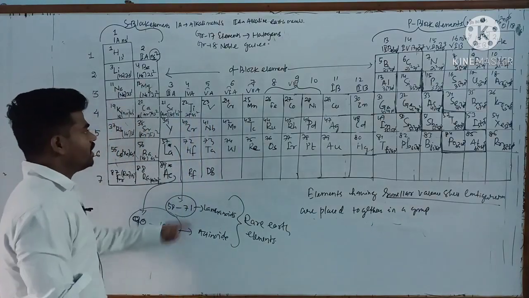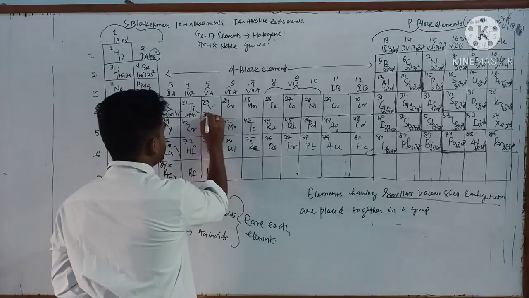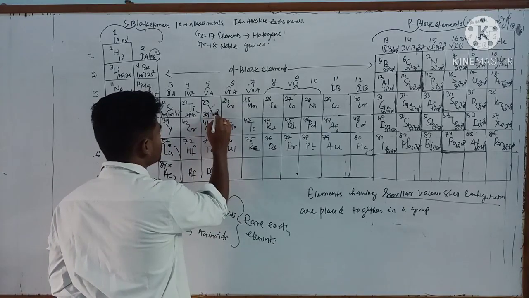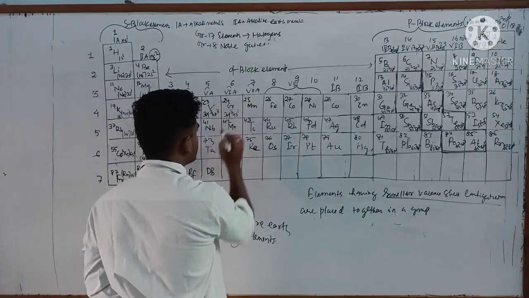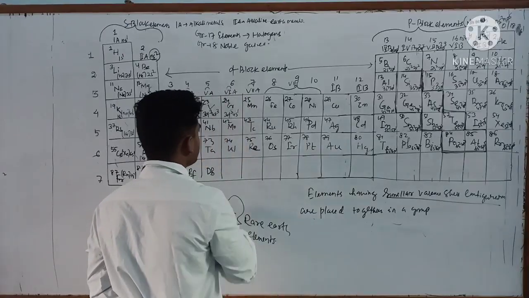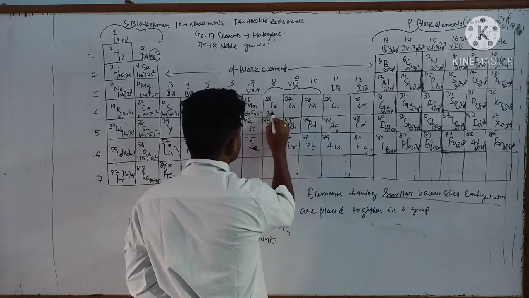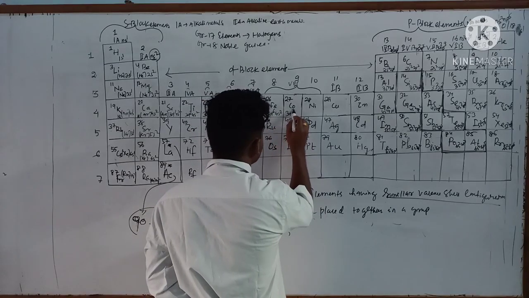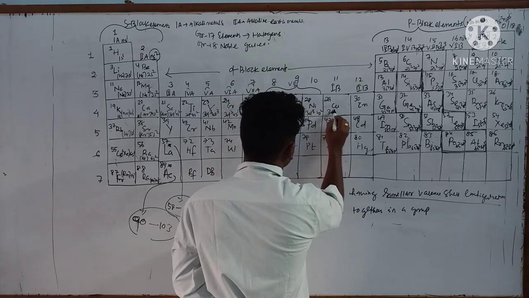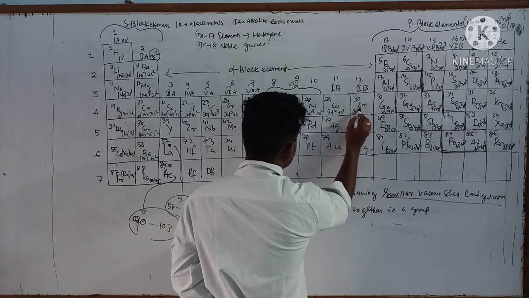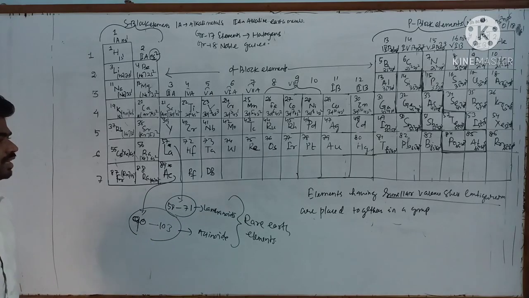You see electrons are added to 3d, that's why these are d block elements. 3d3 4s2, and in case of chromium this will be 3d5 4s1. Valence shell configuration I am writing: manganese 3d5 4s2, iron 3d6 4s2, cobalt 3d7 4s2, nickel 3d8 4s2, copper 3d10 4s1, zinc 3d10 4s2. This is the configuration of the 3d series. Is that clear?